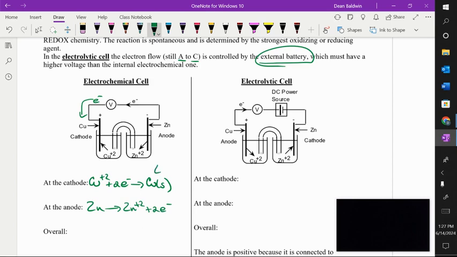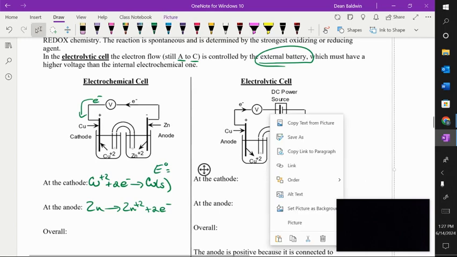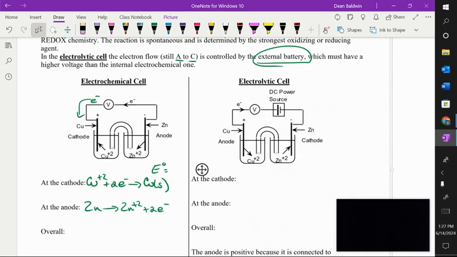And we have E naught of the copper is 0.34 volts, and the zinc is 0.76.